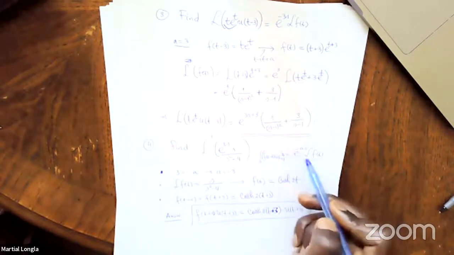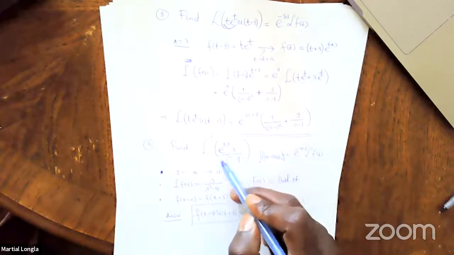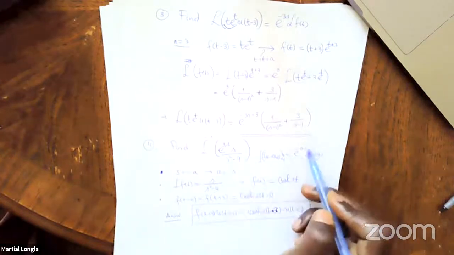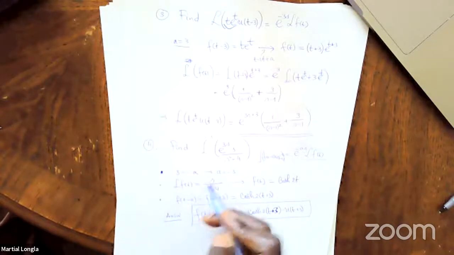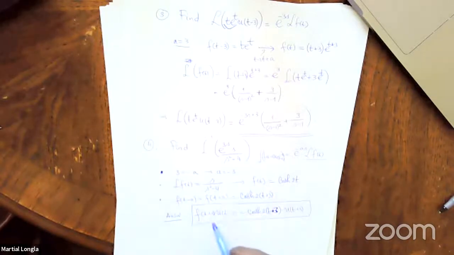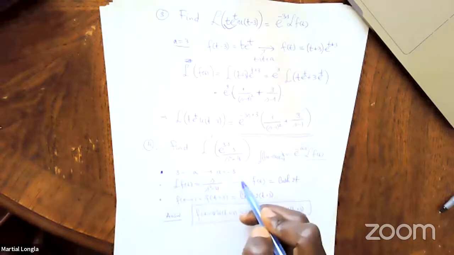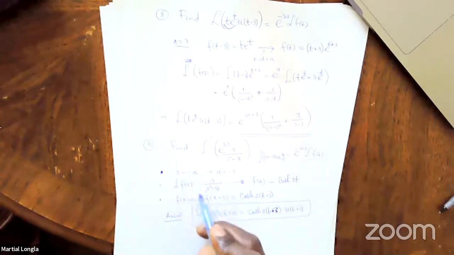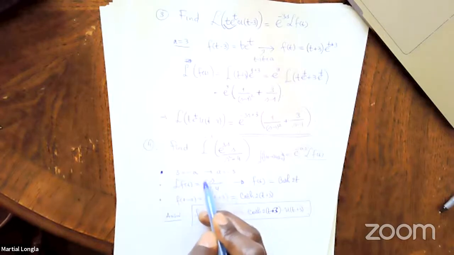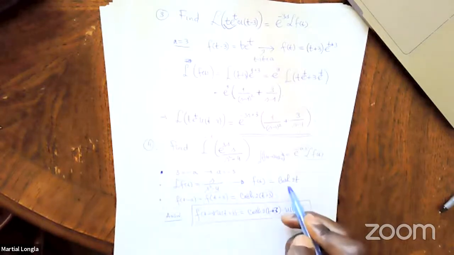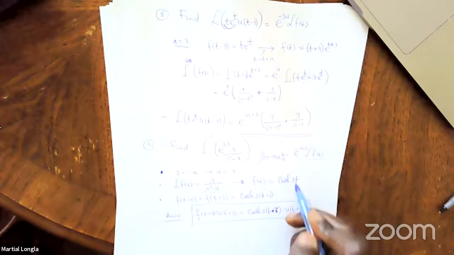Now, whatever is left after the exponent is the Laplace transform of f of t. So you write down the Laplace transform of f of t equals that thing that is left. From this, you recover f of t directly. What is the function that turns into this Laplace transform? And that function is hyperbolic cosine of 2t.